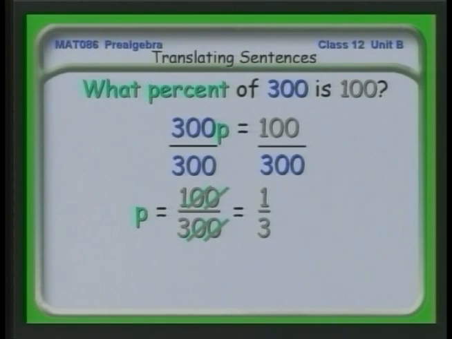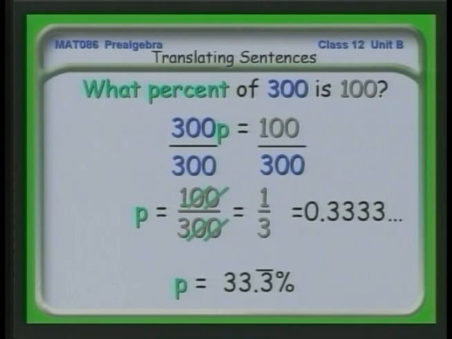P needs to be expressed as a percentage, and I may remember that 1/3 is equivalent to 33 1/3%, but if we want to, we can work that out by dividing 1 by 3, and we get 0.33333 that just keeps repeating.